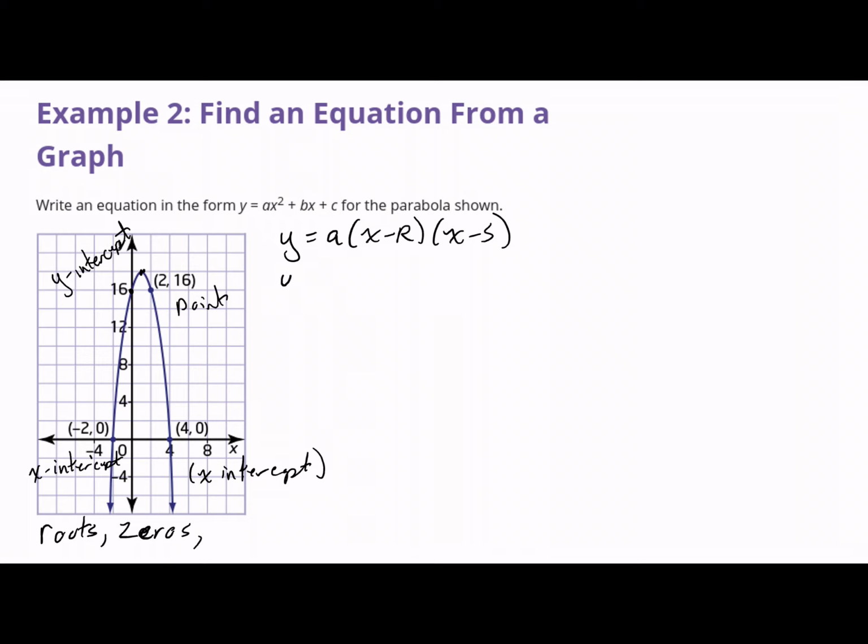What we don't have is a. So we know one of our x-intercepts is -2, one of them is 4. So x minus minus 2, x minus 4. Put them in the brackets at first just to make sure that you're understanding how to change the signs here.